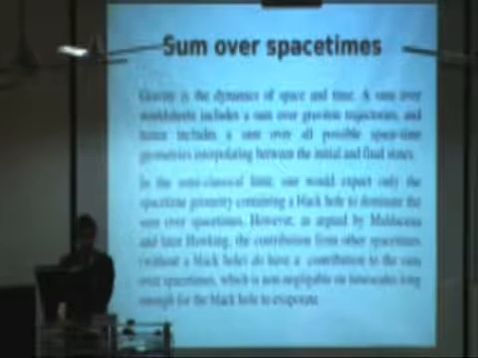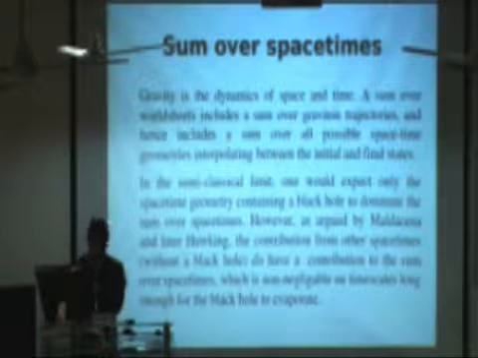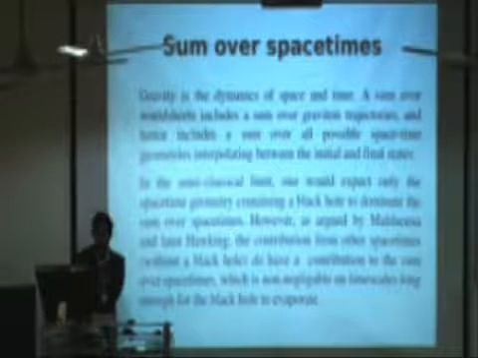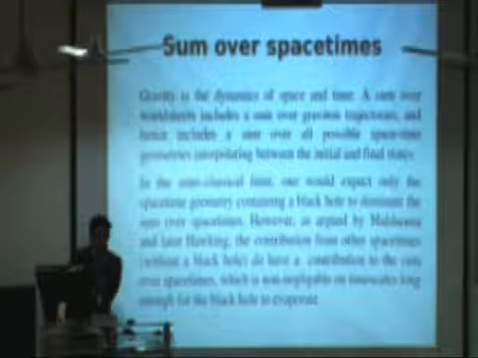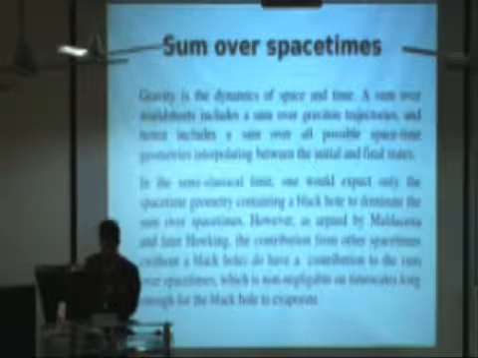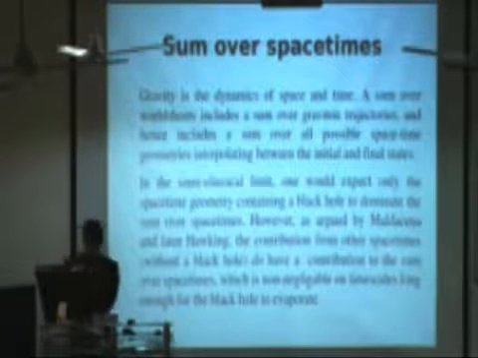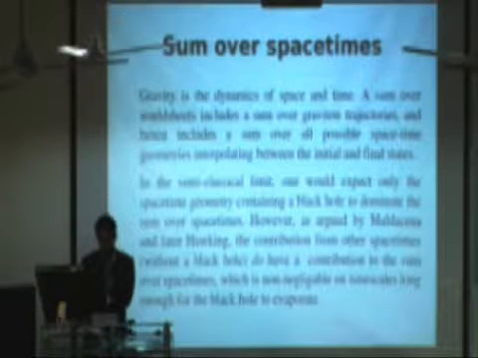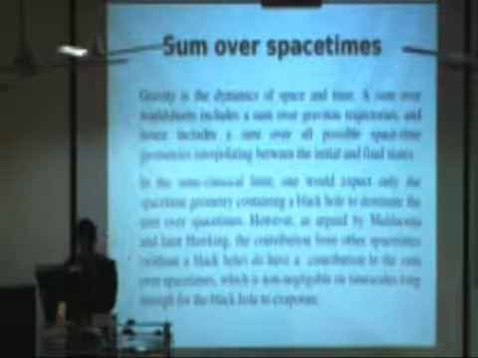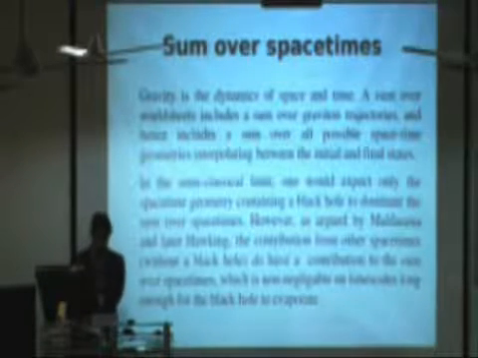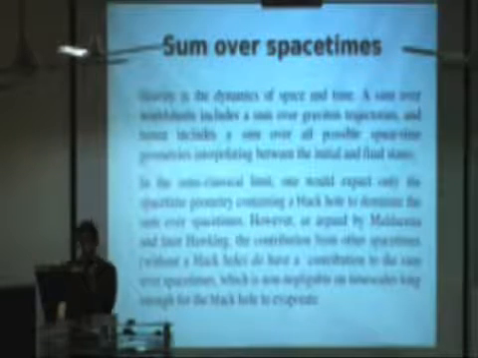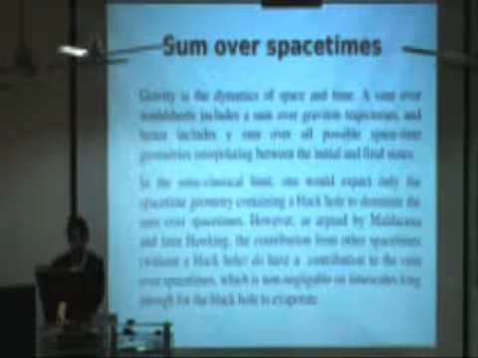Of course, in the semi-classical limit, one would expect only the space-time geometry containing a black hole to dominate the sum over space-times. But calculations in the 90s showed that actually the contribution from other space-times without a black hole is non-negligible on timescales long enough for the black hole to evaporate.